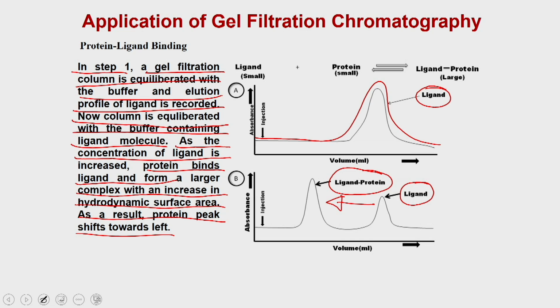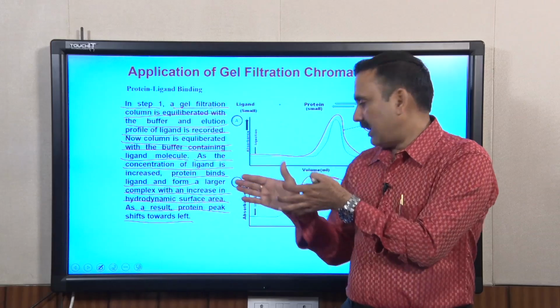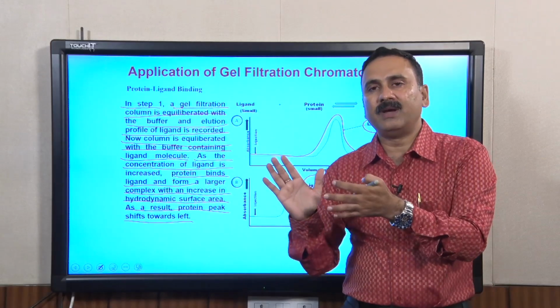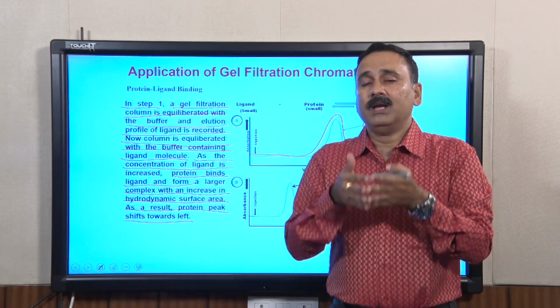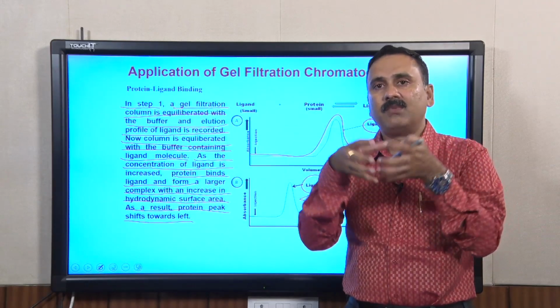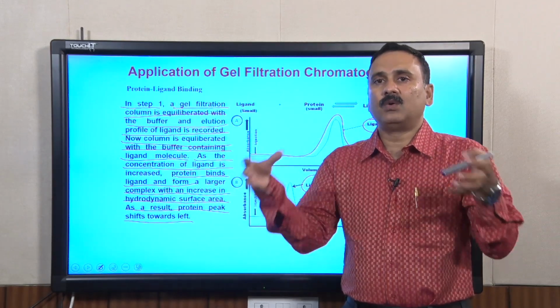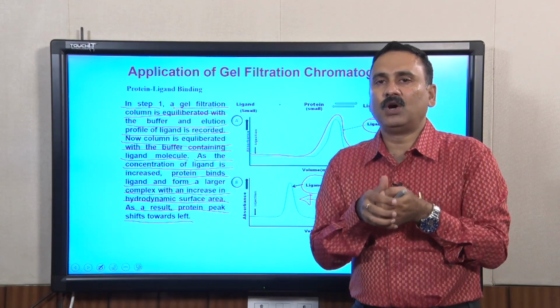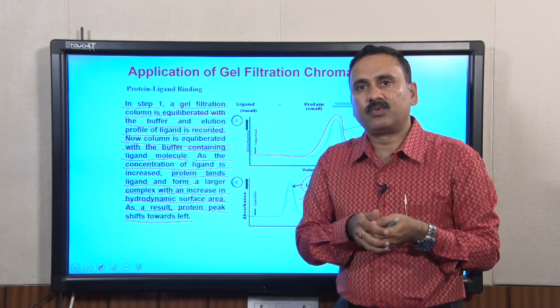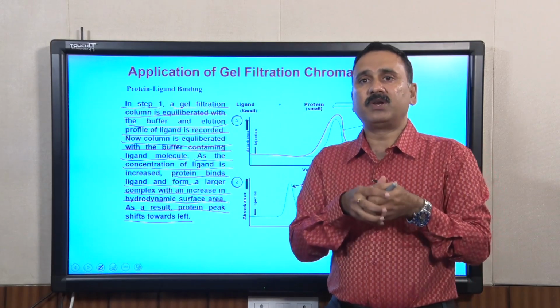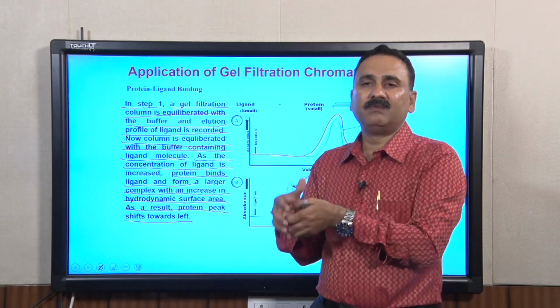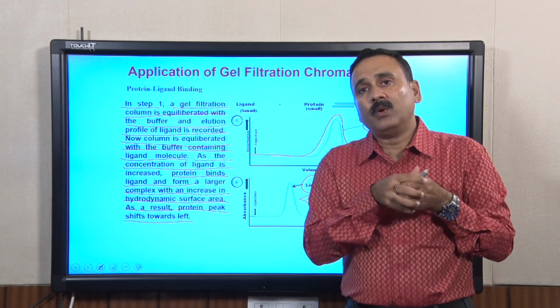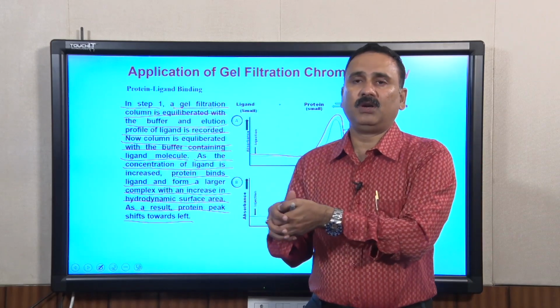And you can actually calculate the dissociation constant simply because after some time the peak is not going to migrate, and that is the place where it is going to saturate. So, the number of ligand molecules which are going to bind this particular protein is fixed. Suppose you are resolving 1 micromolar of protein, and the stoichiometry of interaction between the protein and ligand is 1:10, then it is going to interact with up to 10 micromolar of the ligand.